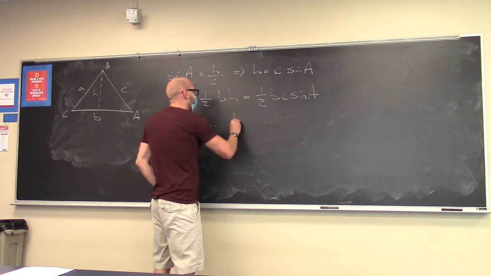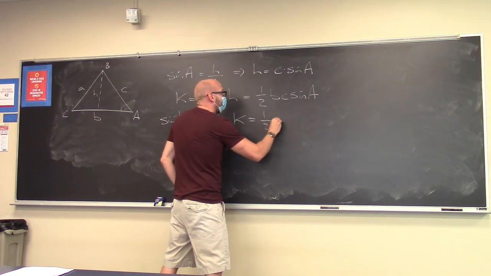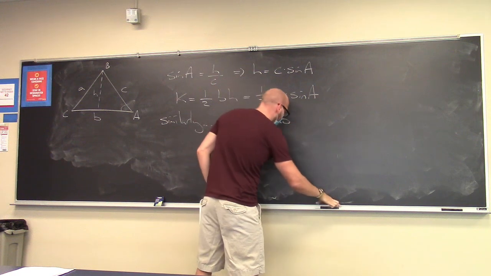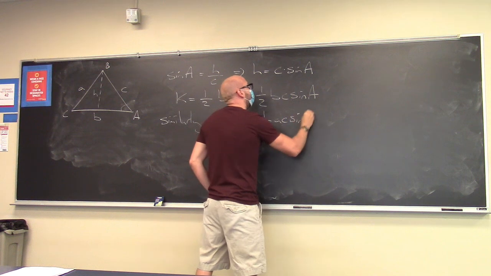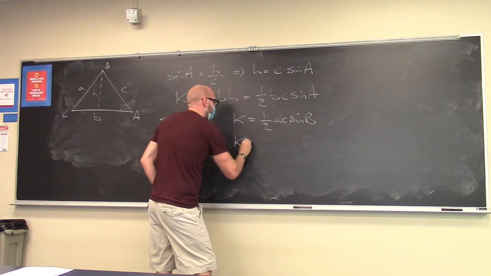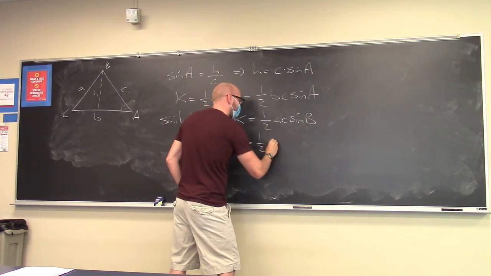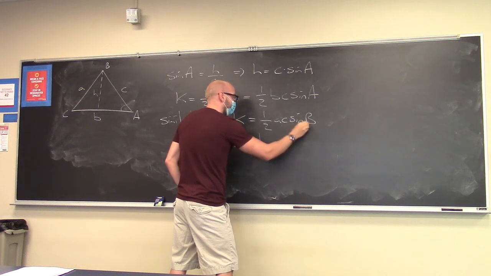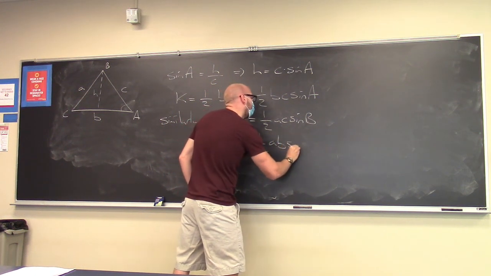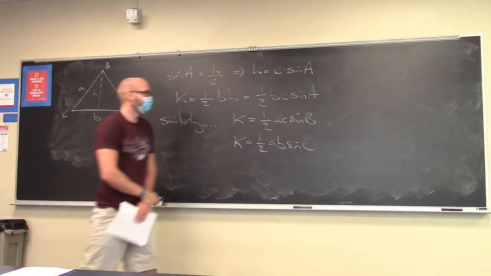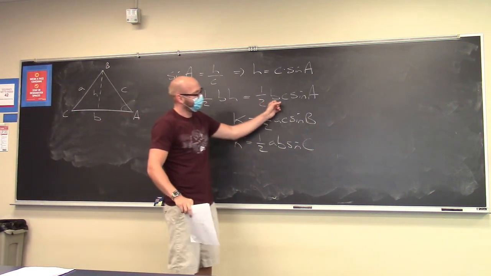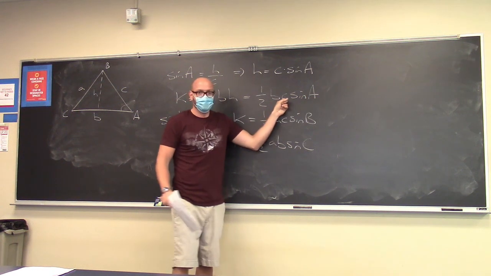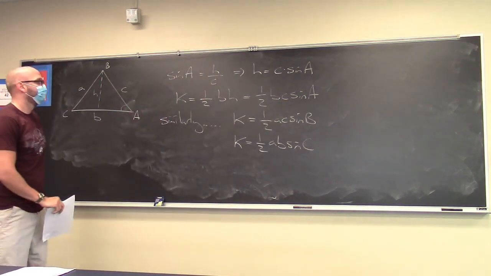You'll get K is 1/2 AC sine B, and K is 1/2 AB sine C. I tend to remember these formulas by remembering that the two letters not inside the sine are the side lengths outside. All right, A, B, and C appear everywhere.